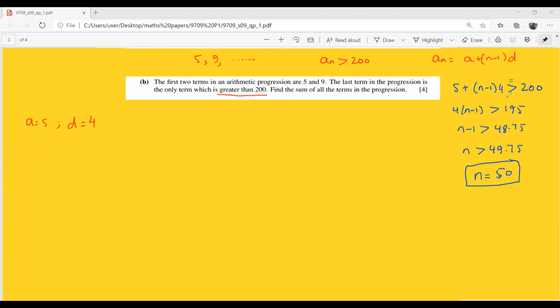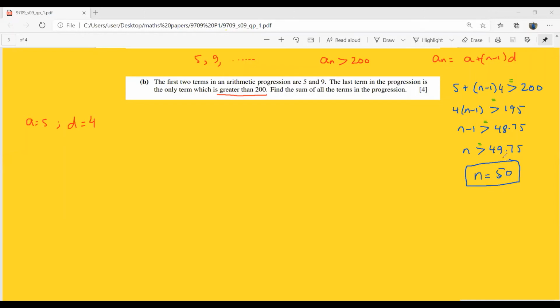So, you know that n cannot be in decimals. It has to be an exact value. So this has to be the next after this 49.75. So that has to be 50 here.